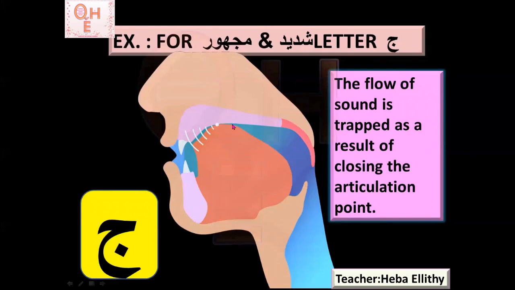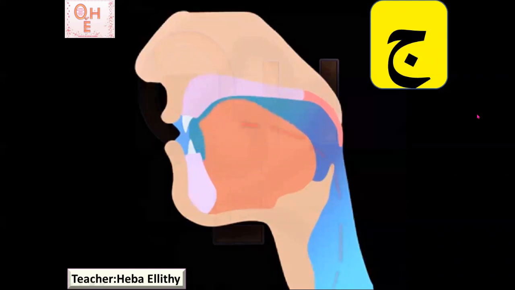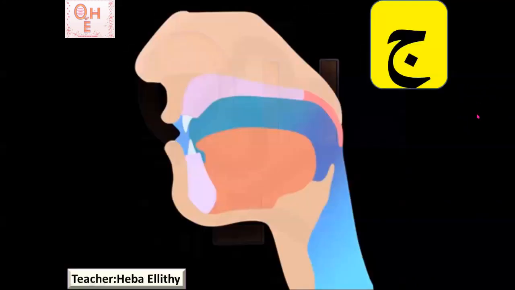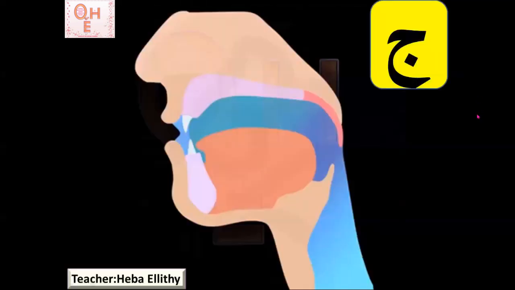It finds the tongue here closing its way, so the sound is trapped behind the tongue. To make this sound go out, the tongue should go down so the sound can continue its way. How does the tongue go down? When we make qalqala, for example, in letter G, or when we say ja, ju, your tongue should go down at the end of the letter. By this, the sound will go out after it's trapped.